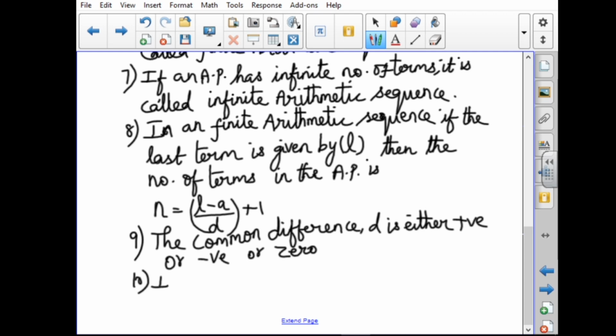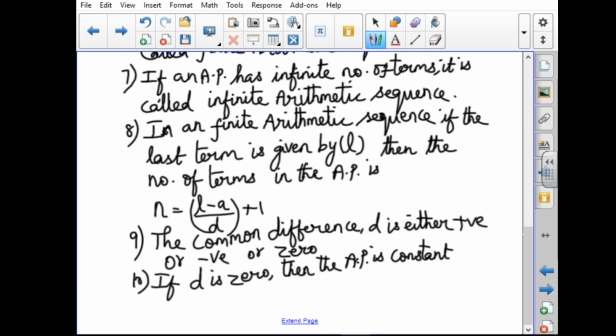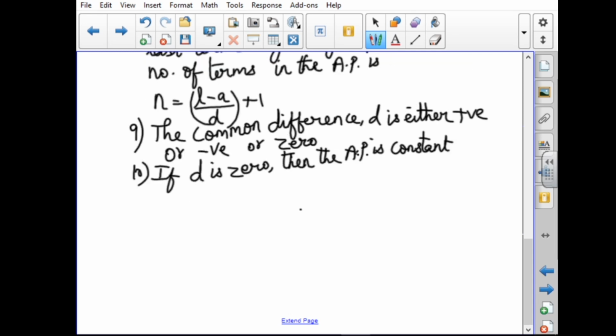If D is 0, that is, the common difference is 0, then the AP is called a constant arithmetic sequence, or arithmetic progression.